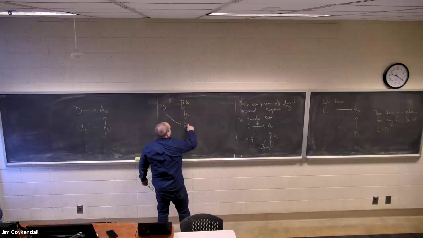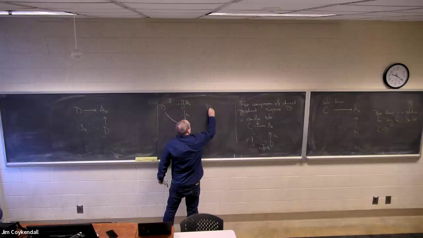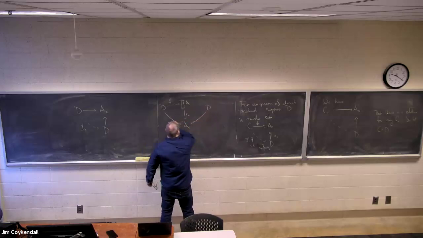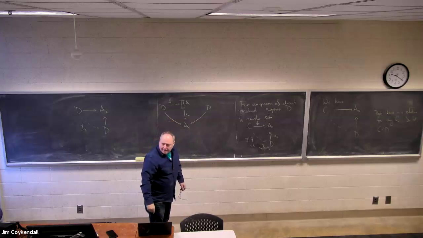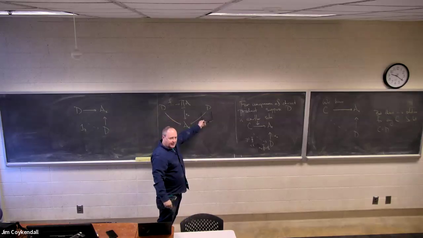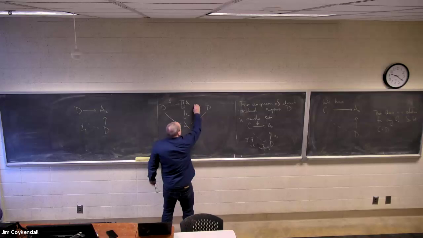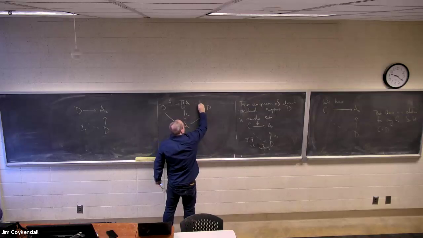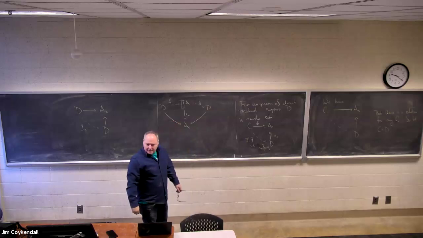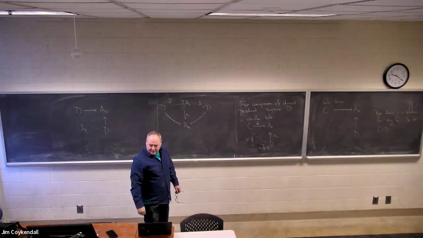We have this map here, and we have maps from D into AK, same one here. But if D satisfies that mapping problem, then there has to be a map from here. This is now playing the role of C, right? So there has to be one here. If I agree.